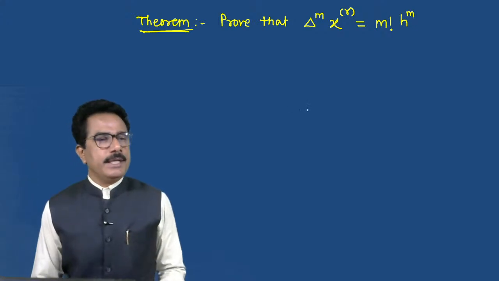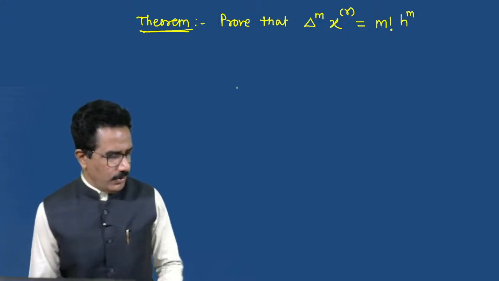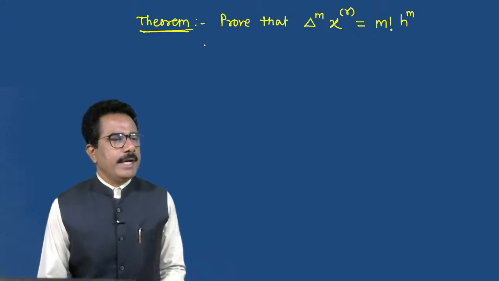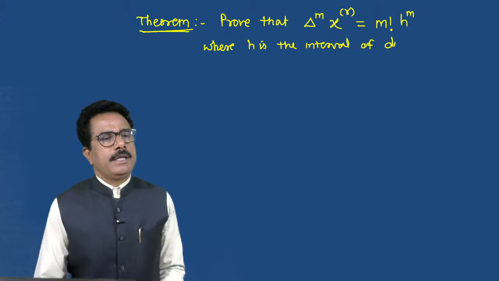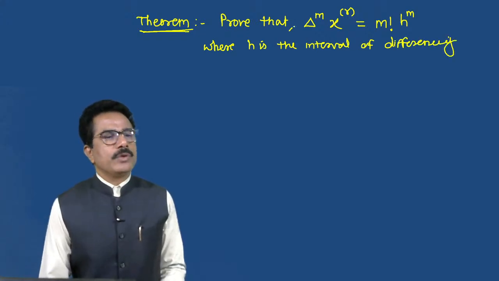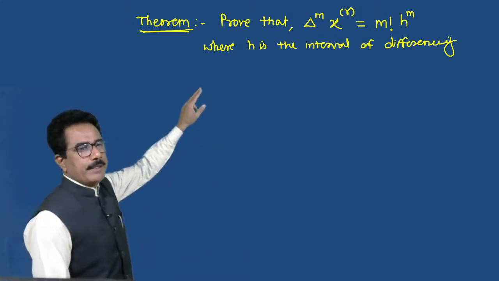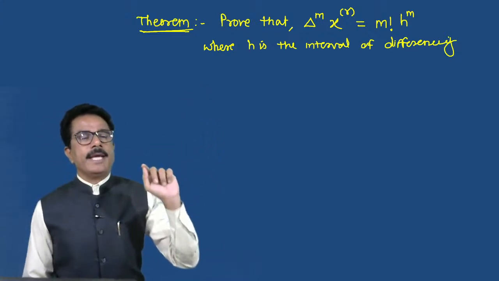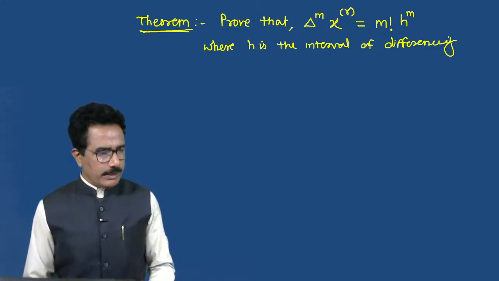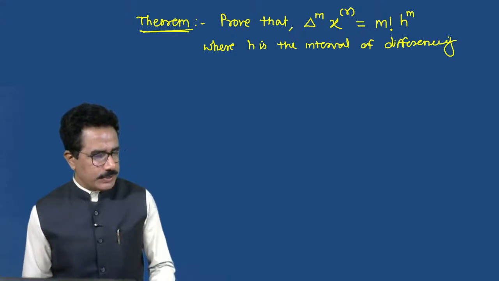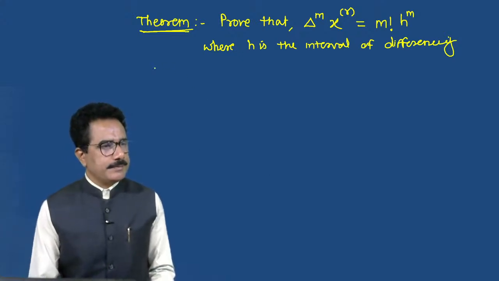Okay, now we have to prove that. What do we have to prove here? Delta raised to m of x raised to r factorial is equal to m factorial into h raised to m. See this.